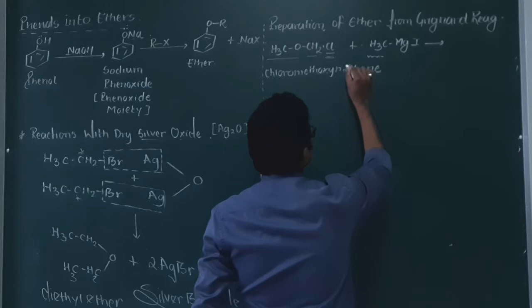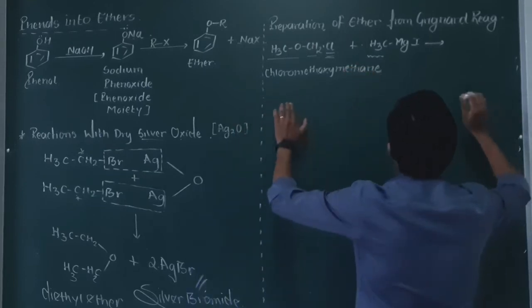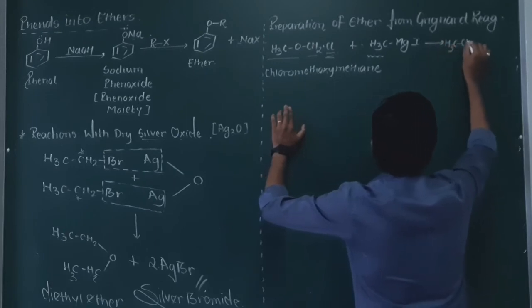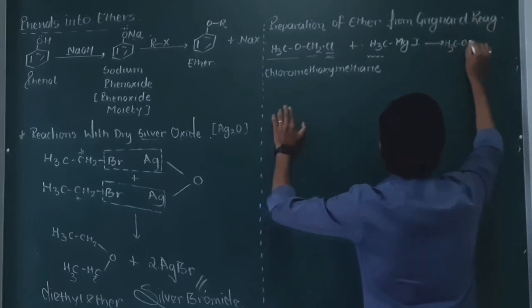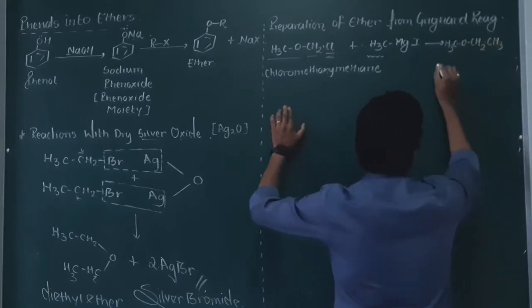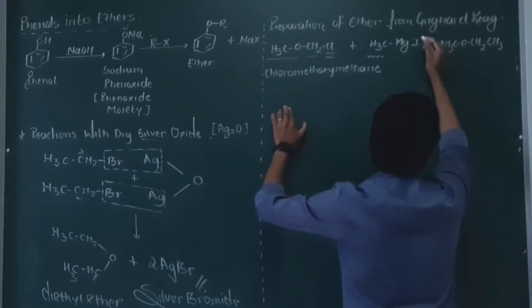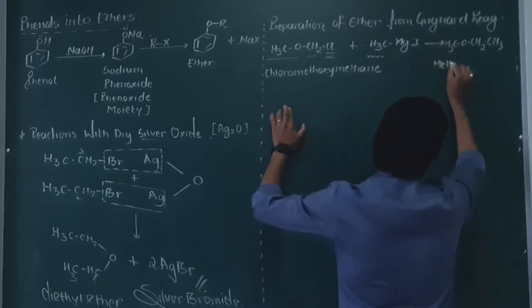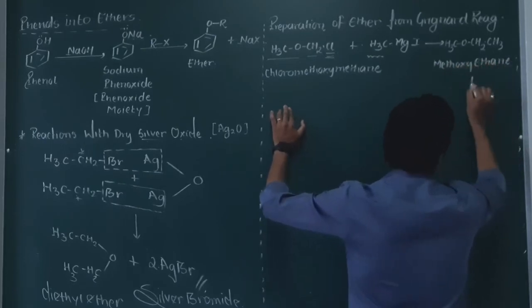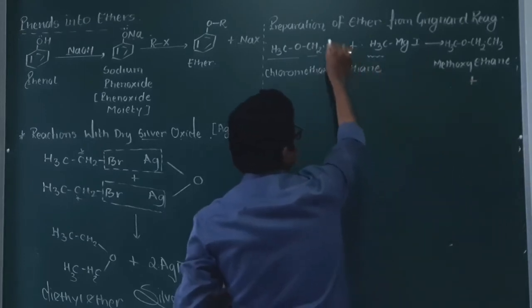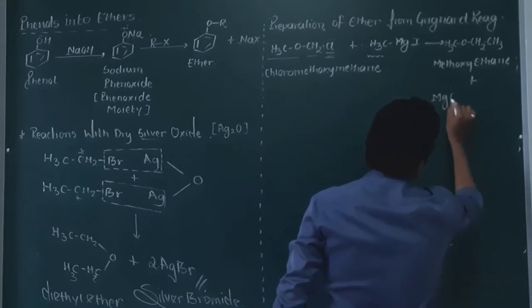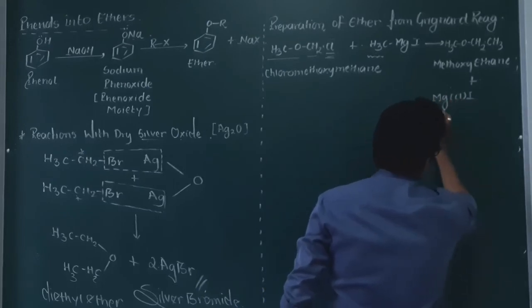So it is going to form CH3OCH2CH3, which is nothing more than methoxyethane, plus the chlorine comes over to give rise to MgClI.